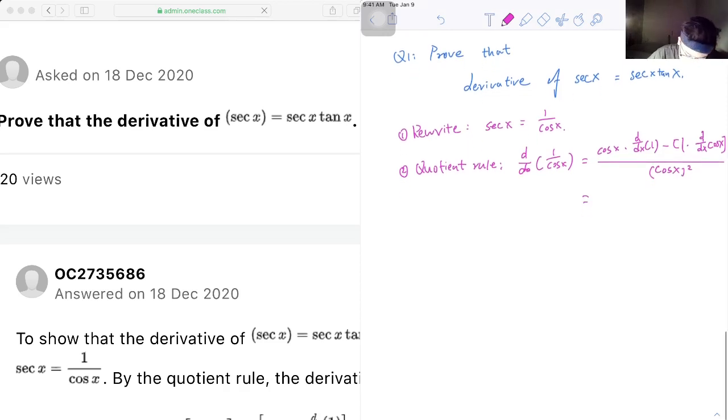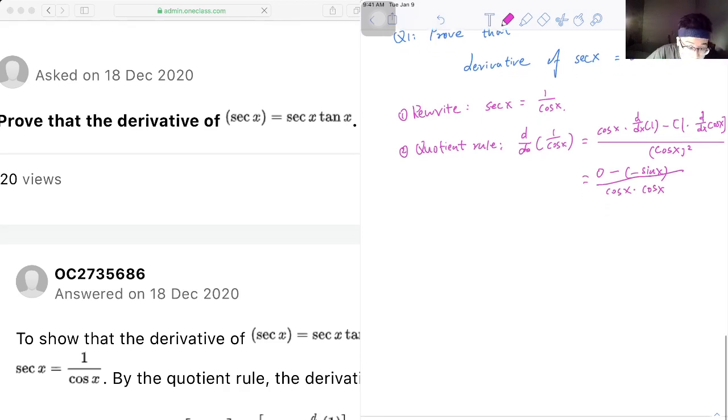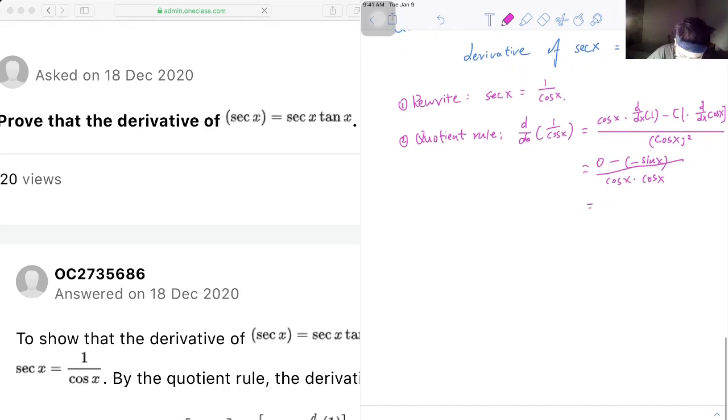Okay, so we will have 0 minus negative sine x over cosine x times cosine x, because cosine x times cosine x is just going to be cosine x squared. Alright, so we are left with sine x over cosine x times cosine x.